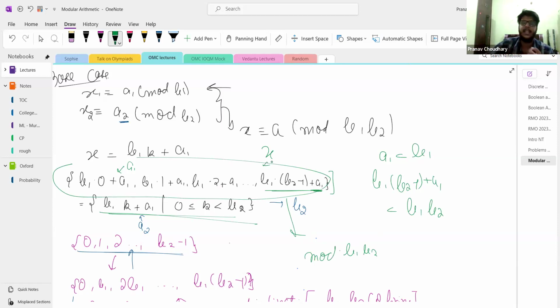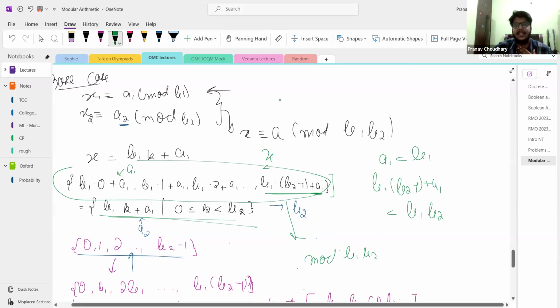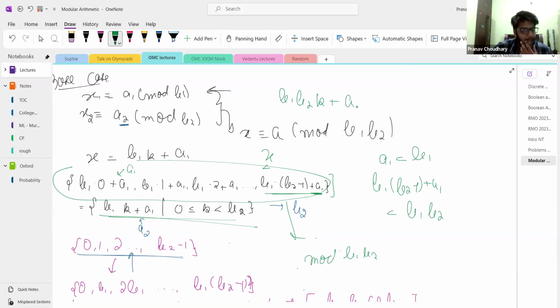So my solution is basically x congruent to a modulo b1 b2. This is very vague though, but it does work. Another way to see this is you can take b1 b2 k plus a, and if x equals a works, then this thing works, right? Do I need to say it or is it fine?